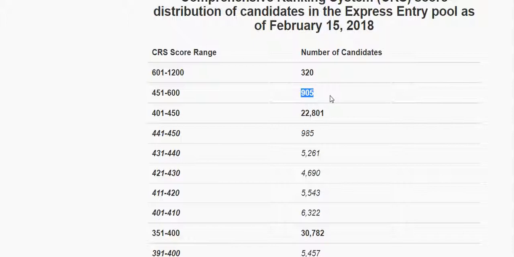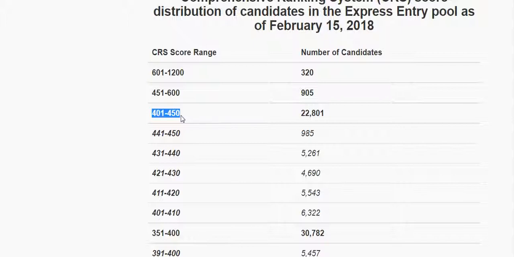candidates who were, you know, 3,000 minus 905 minus 320, the remaining candidates, it comes to be around, I guess, 1,900 candidates. Of these 1,900 candidates, all these fall in this category, 22,801. So out of 22,801 candidates who fall between 401 to 450, only 1,900 were selected.